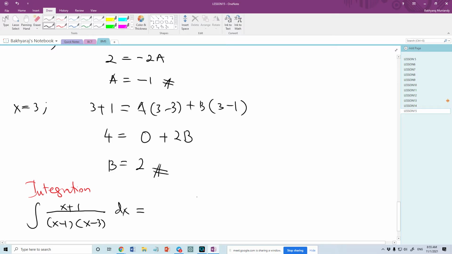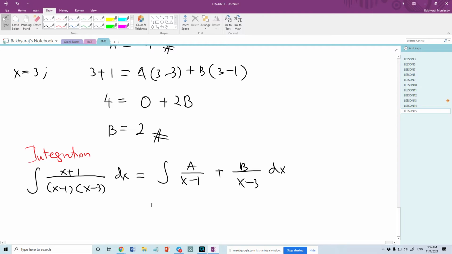Okay, just now I got A and B, so it is A over x minus 1 plus B over x minus 3 dx. Okay, this is the partial fraction. So partial means split of the fraction. Okay, so we substitute. What is A? A is negative 1. Negative 1 over x minus 1 plus B is 2 over x minus 3 dx.